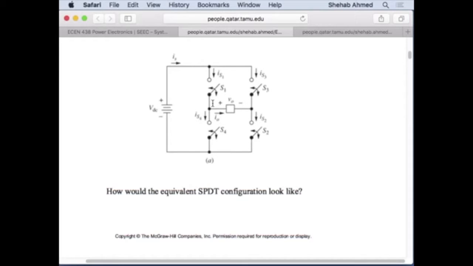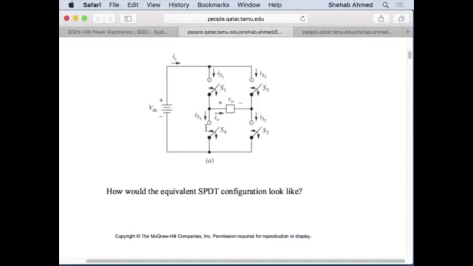But complementary is a nice thing when you talk about digital circuits, right? Everything has a time to respond. By the time you turn off S1 and turn on S4, there's a time involved. So how close do you do that? Do you turn on S4 before you turn off S1 so that you ensure there's no gap at all?